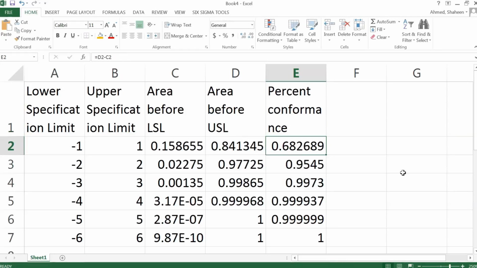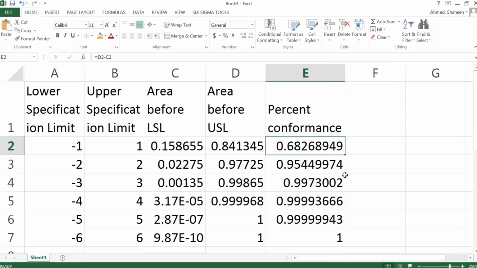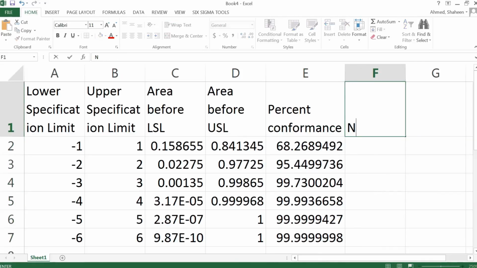So we have a machine now that can only produce within 1 standard deviation. If we want to see out of 100, we can multiply by 100. That will give us the percentage value. So every 100, 68.27 products will be within specification.